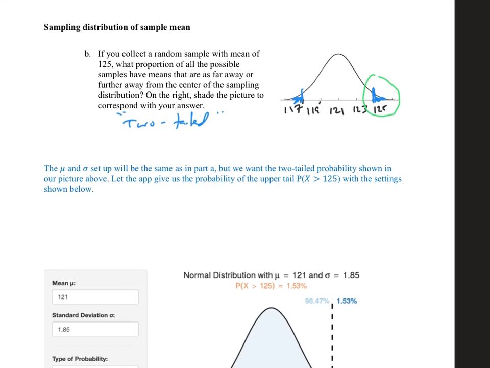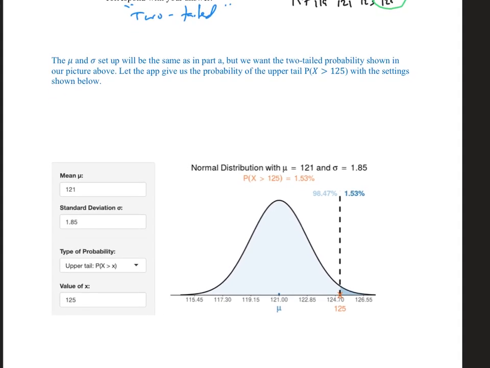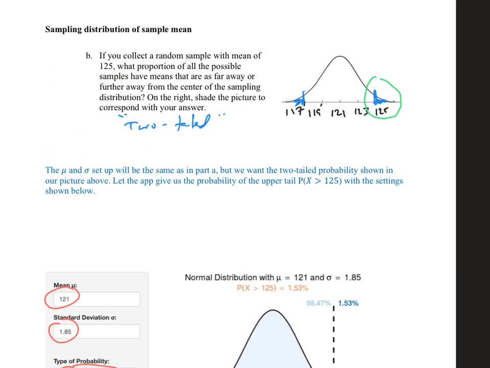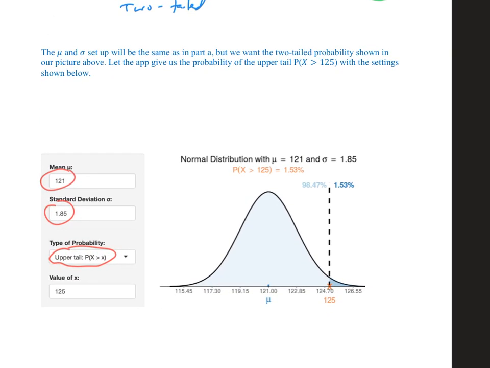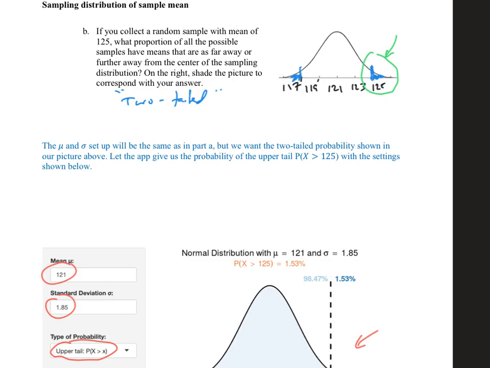So what that looks like in the app, again, our setup is based on getting all of these numbers to get my center and tick marks in the right place. I'm telling it I want an upper tail probability because I want it to draw this part that I've marked in green here. And I want it to start drawing that region starting at 125. And so you can see that the picture I have at the bottom here is exactly the same as the right hand side that I marked of the picture at the top.